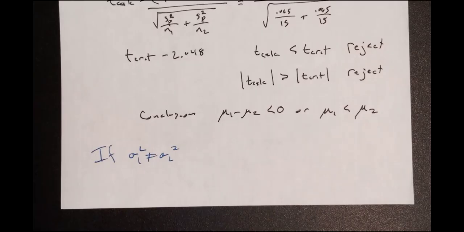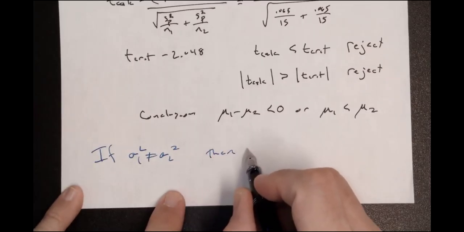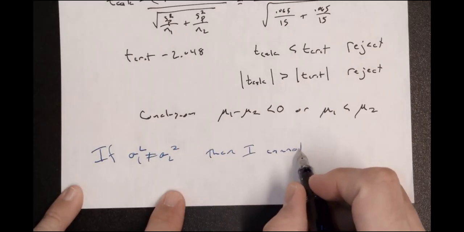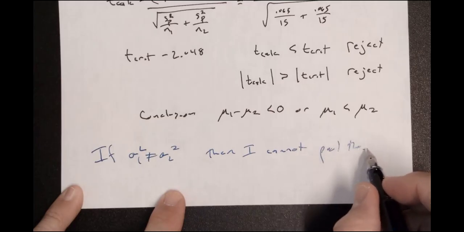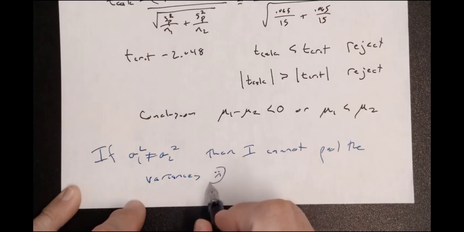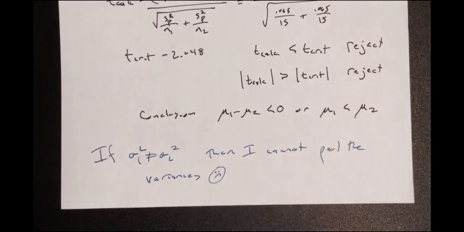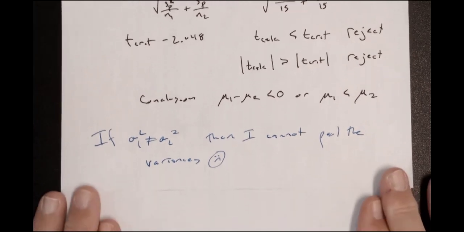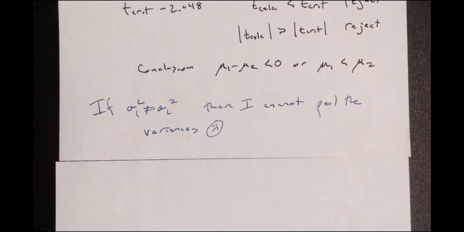If I don't know that the variances are equal, now two guys named Behrens and Fisher noticed that this caused a problem and wanted to adjust for it. But rather than adjusting T, what they did was change the degrees of freedom.